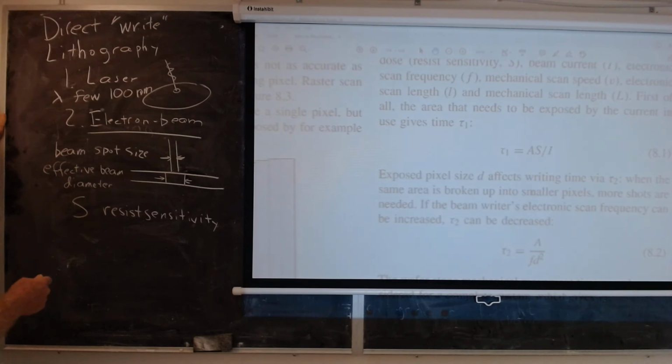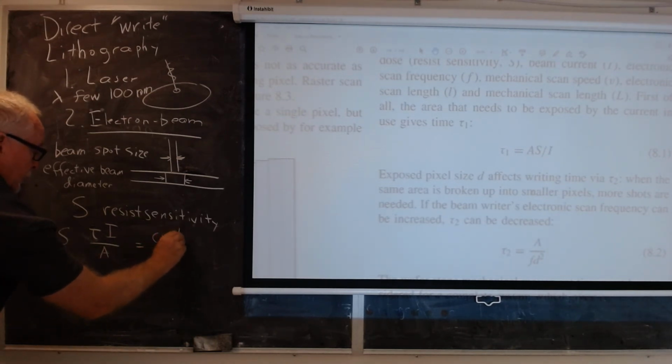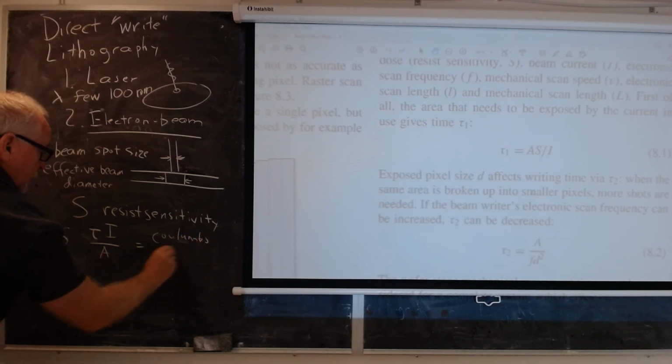So for example, you can see basically S has units of tau I over A. Now you know what I is. I is charge per unit time. So this is coulombs per, and I think they usually use centimeter squared.